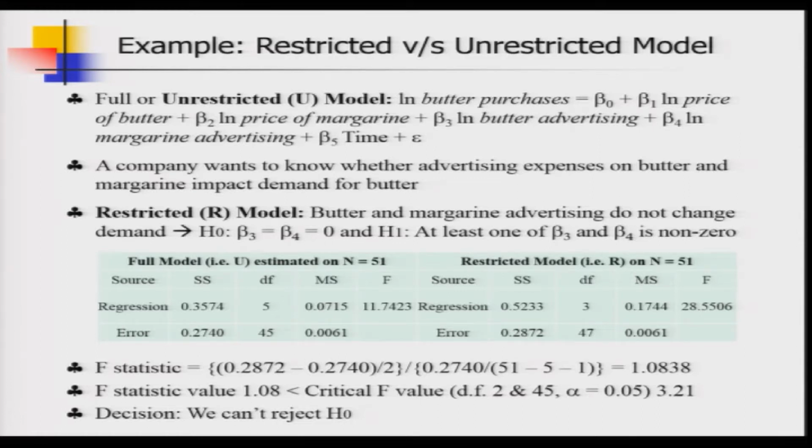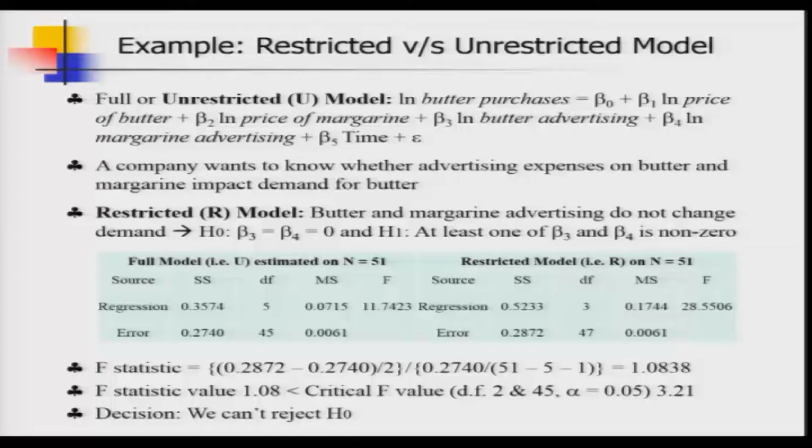If they have come to me with this simple question, how am I going to make use of this restricted versus unrestricted modeling framework to answer their question? Here I have to judiciously impose some exclusion criterion, or restrictions, on the mother model or the full model.